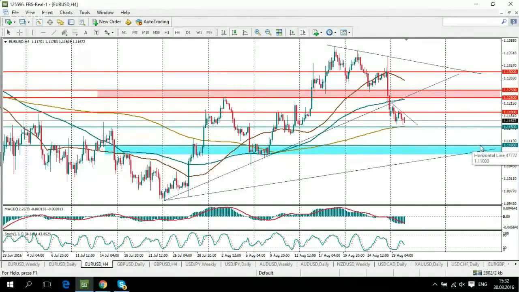As for the fundamental picture for the euro, it lacks the fundamental strength of its own. There will be data from Germany this week. Germany will release inflation figures today. So far, data from different regions of Germany showed that consumer prices have either contracted or haven't changed.